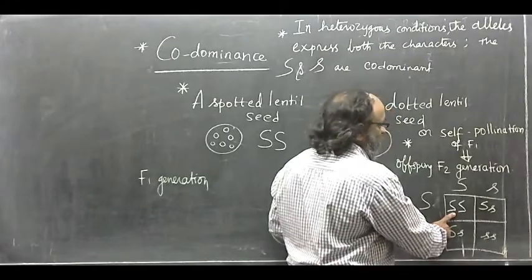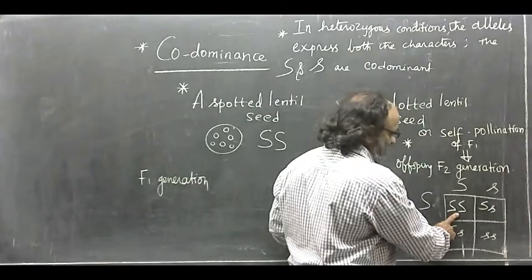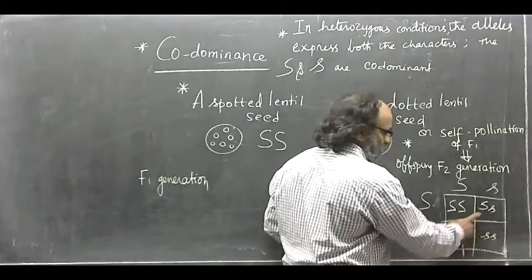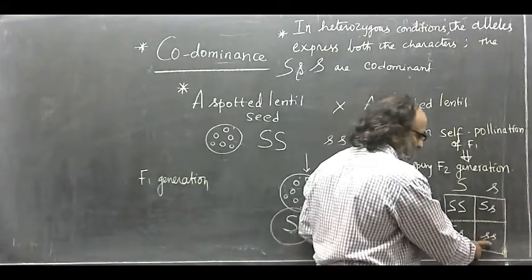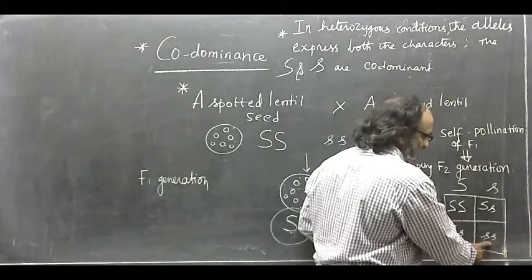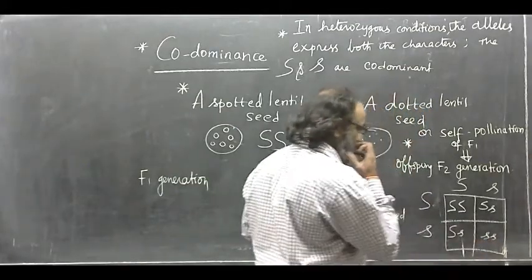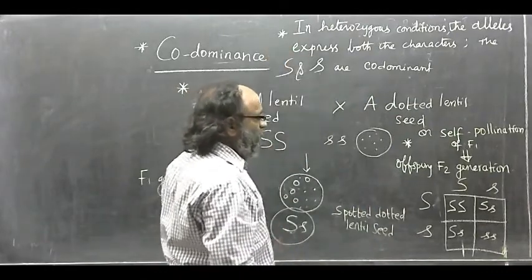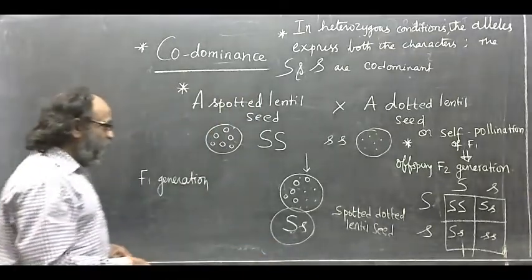One is found to be spotted lentil seed plants, the other two are spotted dotted lentil seed plants, and the fourth one is the dotted lentil seed plant. This is a typical case of codominance.